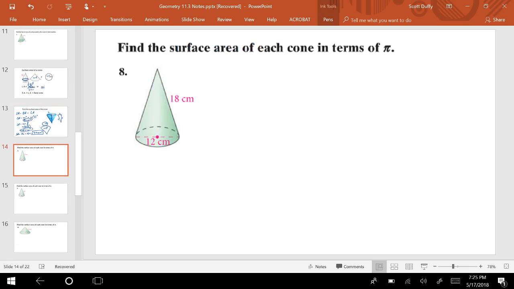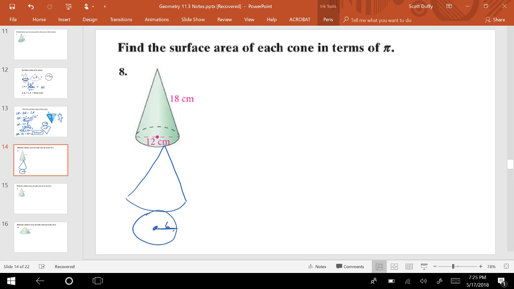Let's do one from the homework. So I drew this cone out. It would look like this. The circle has a diameter of 12, which means the radius is 6.